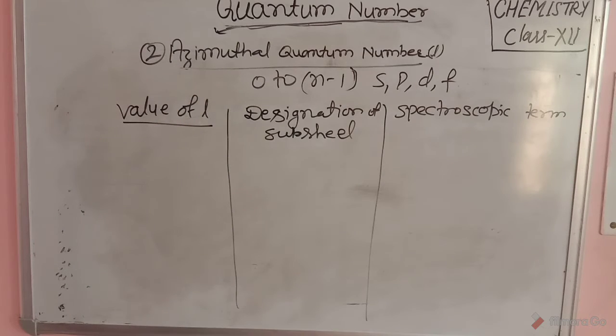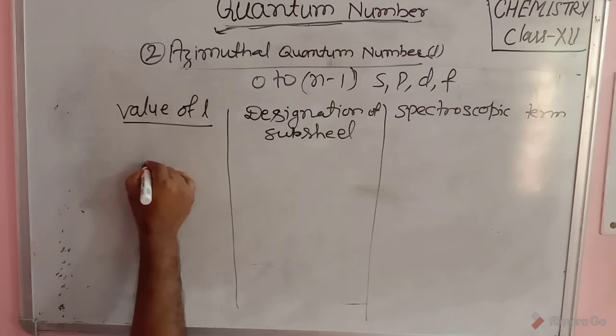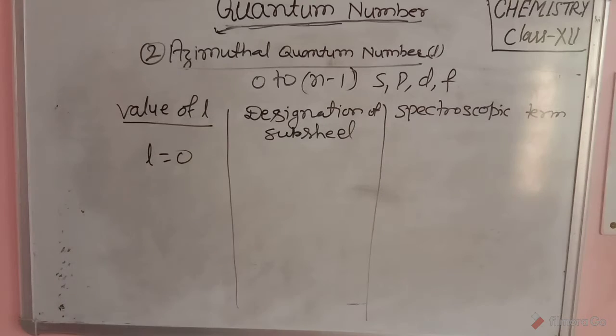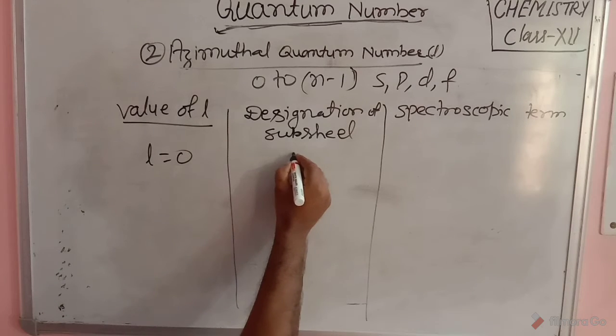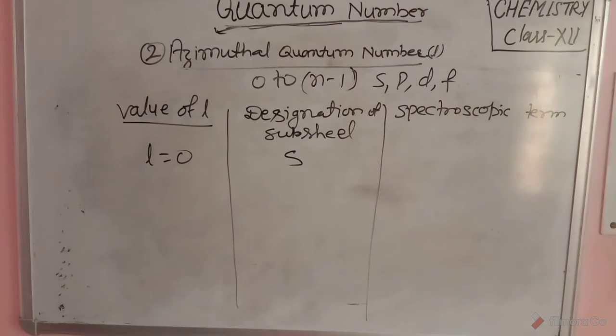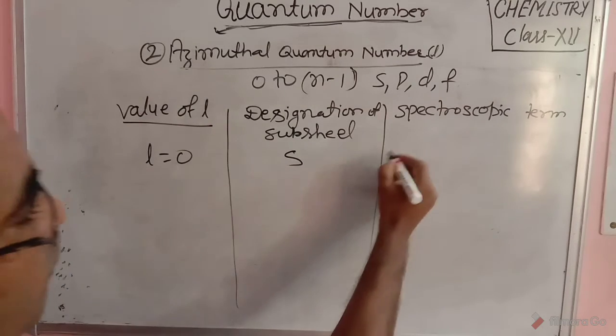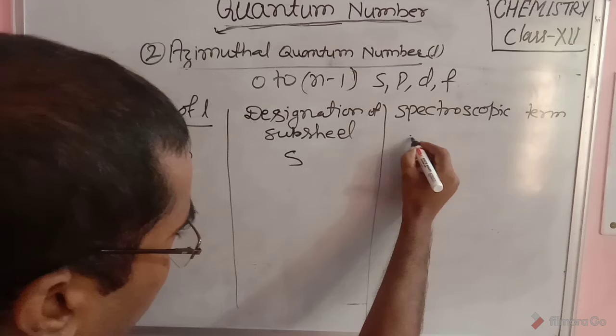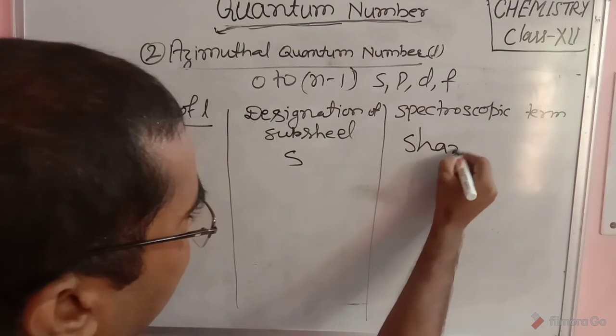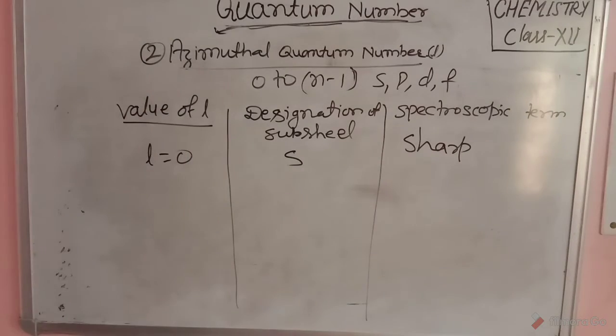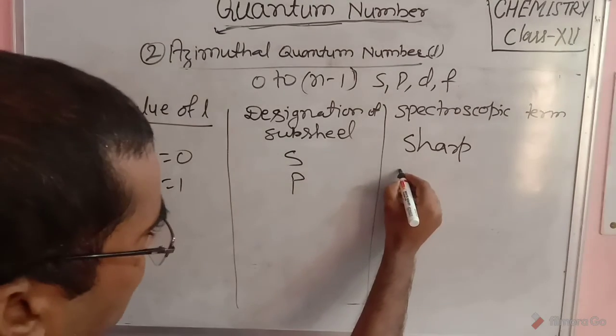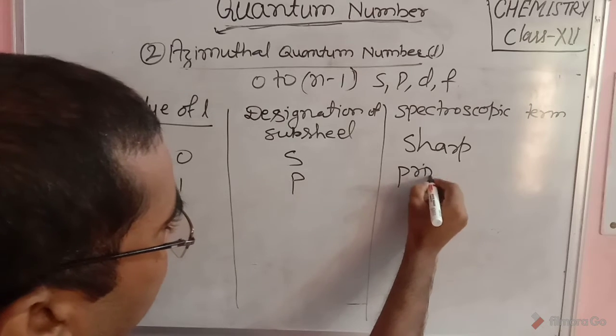If L is equal to 0, it will be S, and this word comes from a spectroscopic term, sharp. If L is equal to 1, it's a P, a spectroscopic term, principal.